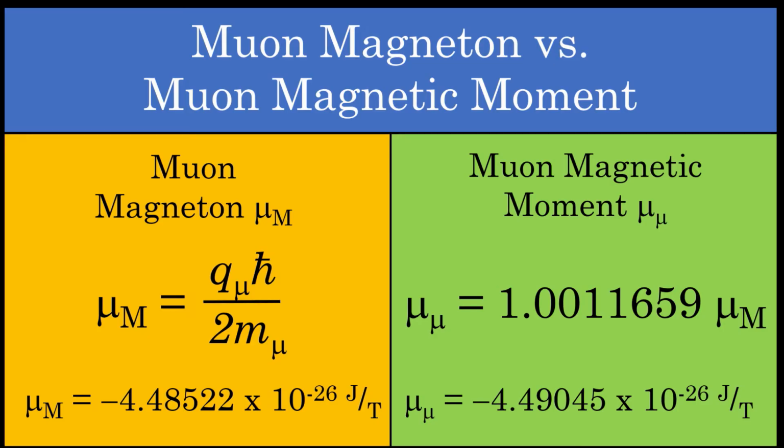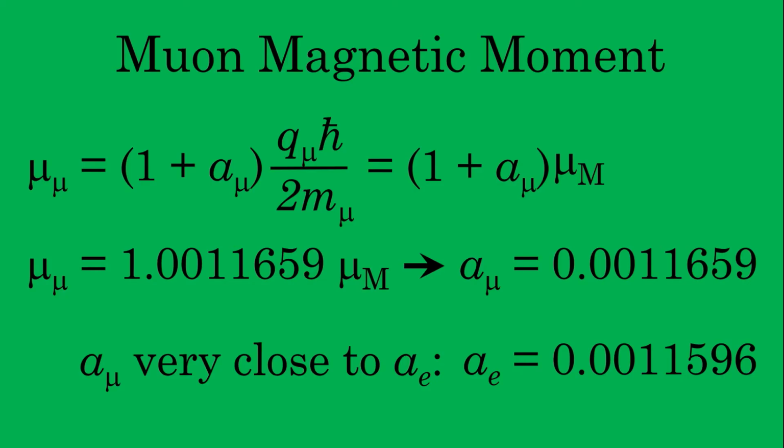The actual value of the muon magnetic moment is 1.0011659 times mu sub m, so its anomalous magnetic moment is A sub mu equals 0.0011659, close to the electron anomalous magnetic moment, A sub e equals 0.0011596.